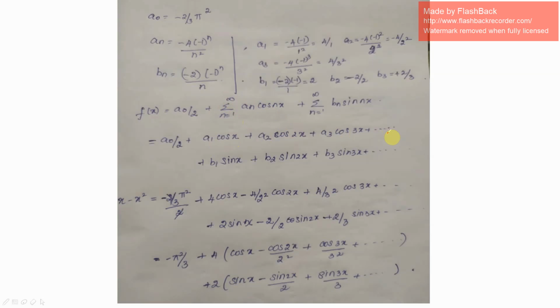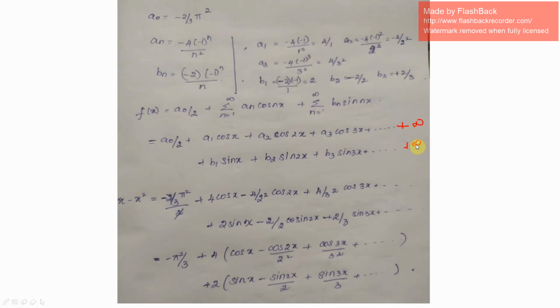This will extend up to the last term, that is up to plus infinity. Okay. So likewise here also, when you are doing it for Bn also, it will be b1 sin x, b2 sin 2x, b3 sin 3x plus up to, it will extend up to the last term, that is infinity.